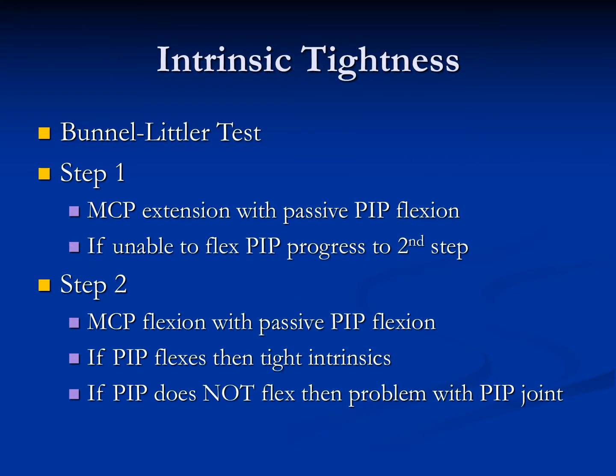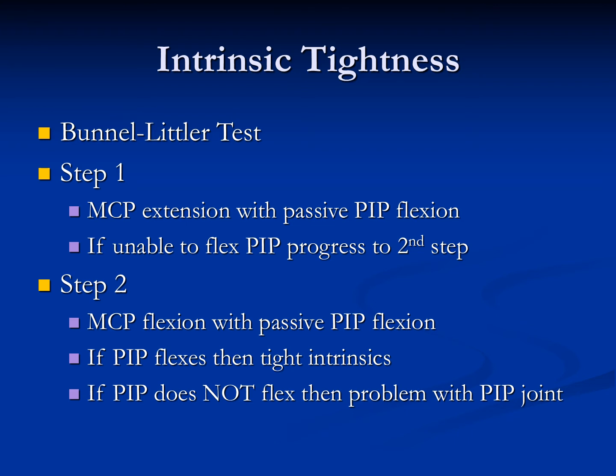Okay, next condition we'll talk about is intrinsic tightness. Okay, what structures are we talking about when we reflect upon intrinsics? Mostly here in this case we're talking about lumbricals and the palmar and dorsal interossei. Okay, and that's what you're testing when you're doing the Bunnell-Littler's test. Okay, you guys remember this as well. So step 1, MCP extension and passive PIP flexion.